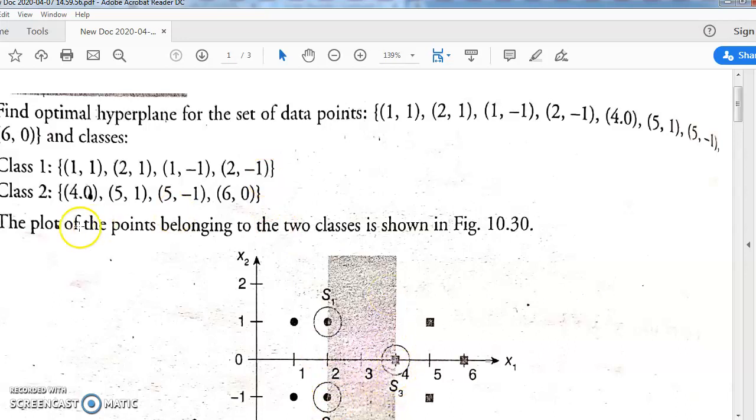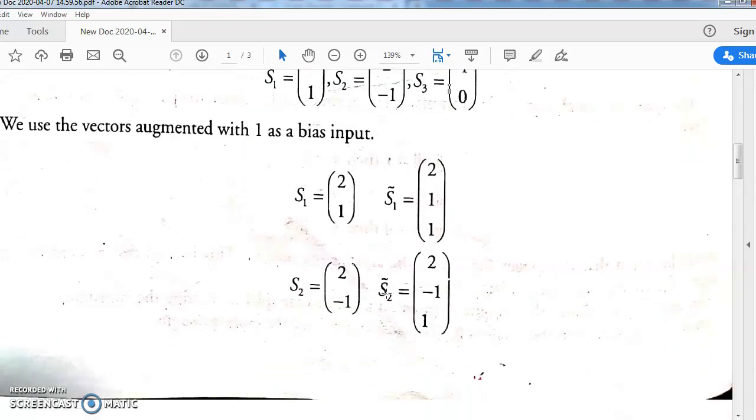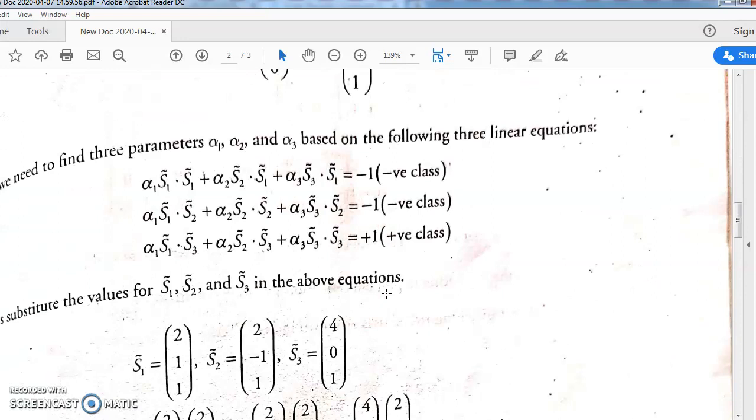We have assumed it belongs to the positive class, that is +1. So we will equate these equations. The first equation, S1, as it represents the negative class, we will equate with -1. S2, as it deals with the negative class, we will represent with -1. S3 deals with the positive class, so we will write it as +1.